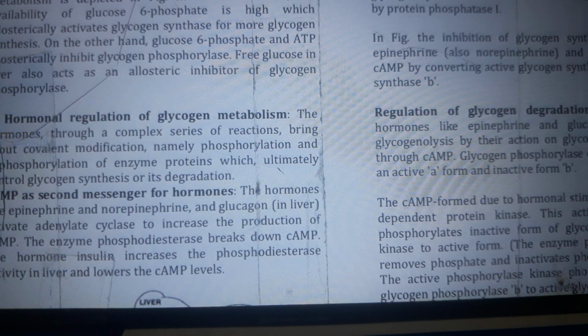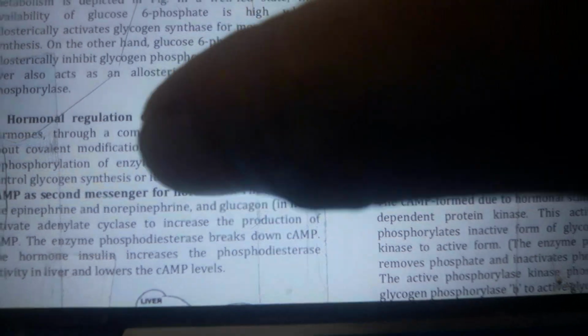In a well-fed state, the availability of glucose 6-phosphate is high, which allosterically activates glycogen synthase for more glycogen synthesis. On the other hand, glucose 6-phosphate and ATP allosterically inhibit glycogen phosphorylase. Free glucose in liver also acts as an allosteric inhibitor of glycogen phosphorylase.